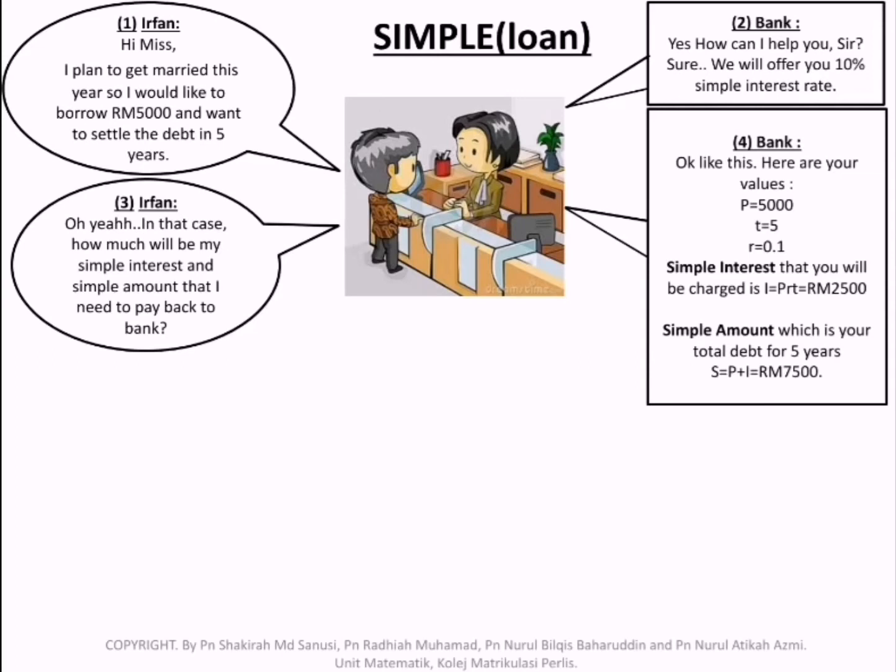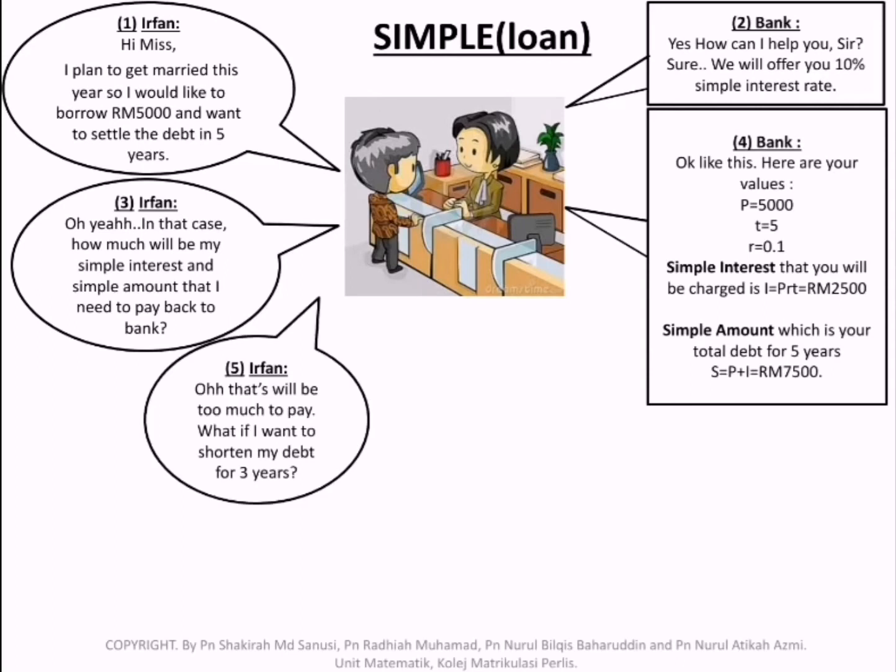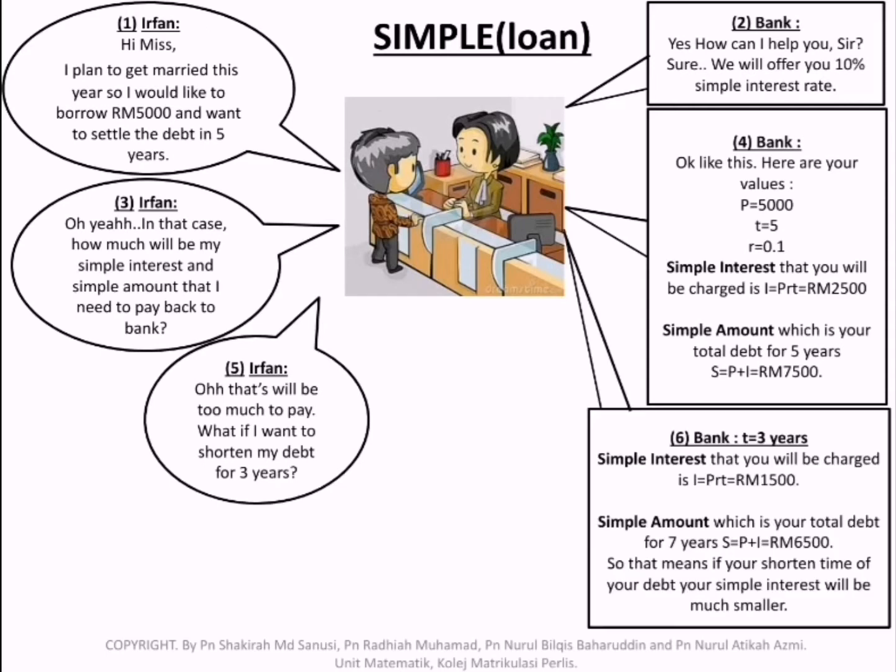Oh, that will be too much to pay. What if I want to shorten my debt for 3 years? Okay, for 3 years, the simple interest that you will be charged is 1,500 ringgit. Whereas your simple amount, which is your total debt for 7 years, S equals to P plus I will be 6,500 ringgit.